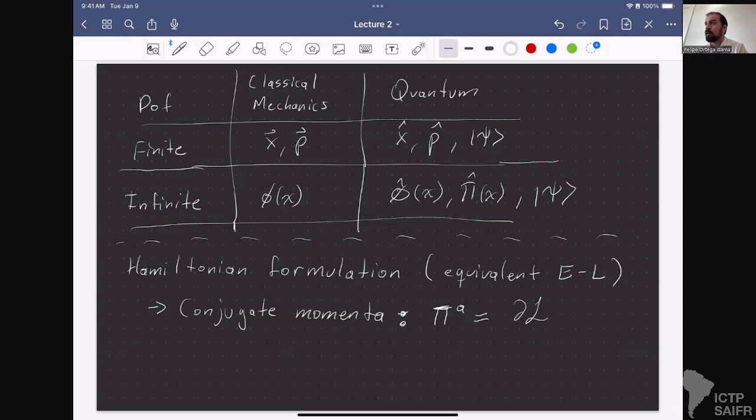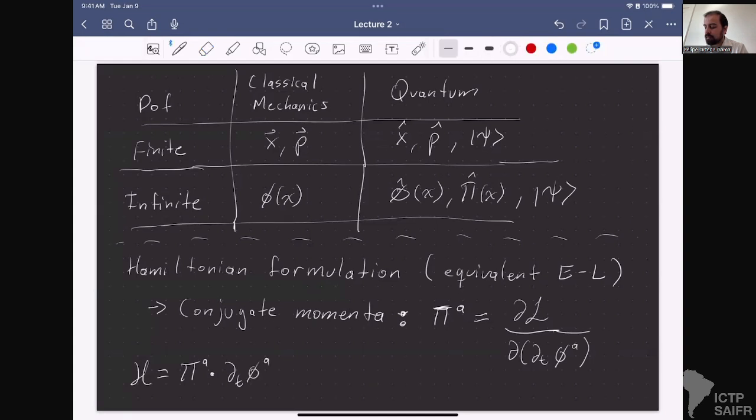And it's going to be based on our Lagrangian. It's going to be the derivative of the Lagrangian with respect to the time derivative of each of the fields appearing in the Lagrangian. This is what's going to define our conjugate momenta. And so the Hamiltonian is basically going to be equal to this conjugate momenta times the derivative with respect to time of each of the fields.